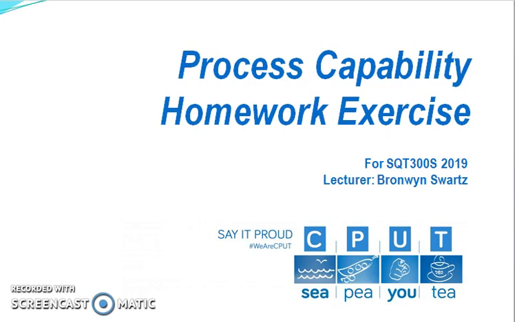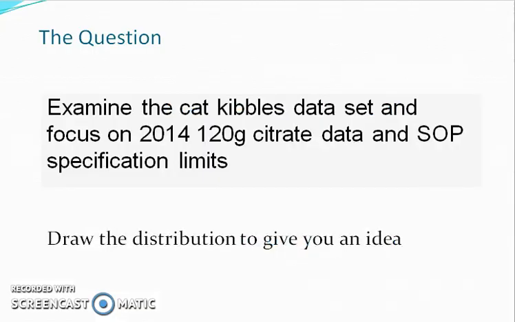Thank you for joining me for this interactive recap and revision exercise that's based on the lesson and the webinar that we did on process capability a while back. This recap and revision exercise focuses on the very same data that we used when we did the webinar, and it's also your homework.